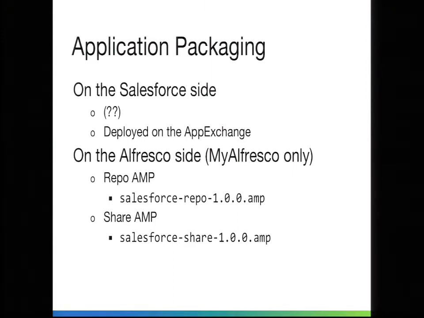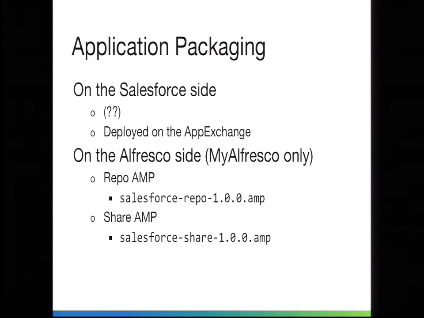Now, when we install the package, we need to think about the packaging. The Alfresco cloud administrators have installed these 2 AMP files, and that contains the custom repository configuration, the model, and suchlike, and the UI configuration. On the Salesforce side, the application is also packaged up in the AppExchange.